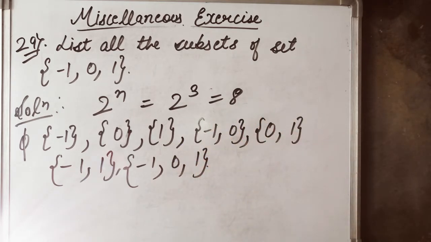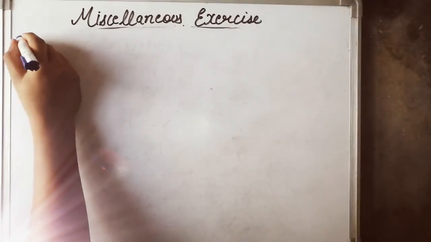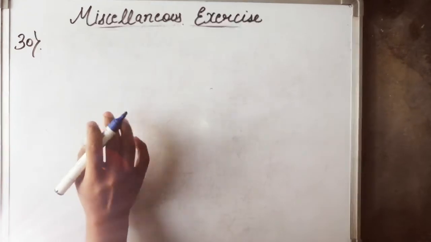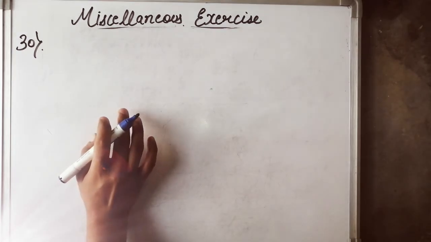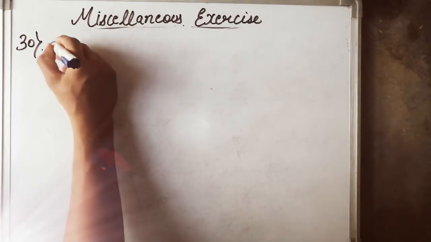So let's move to the 30th example of the miscellaneous exercise, but before that pause the video to note it down. In the 30th question we have to prove that A union B is equal to A intersection B implies that A equals B. Let me write the question.